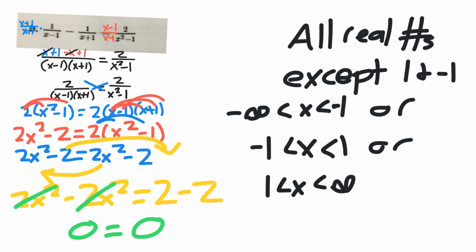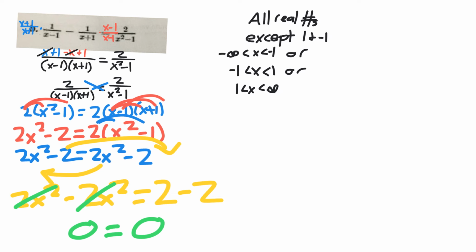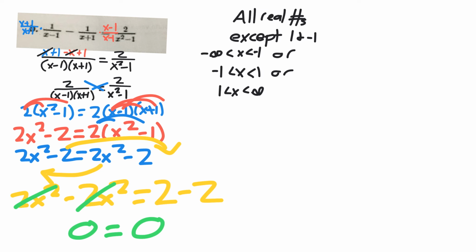Okay, this is the way I am used to writing it. When I taught Precal on its own, this is the way I would answer that. But if you take Math 112 and you're going to take it on the computer, they use what's called interval notation.